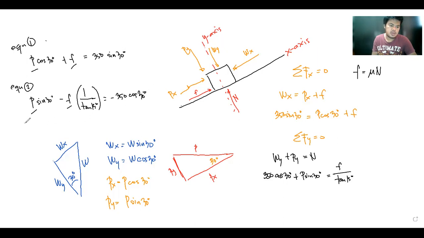This will give us P with a value of 93.78, and then the friction force also at 93.78. That is the answer from the calculator.